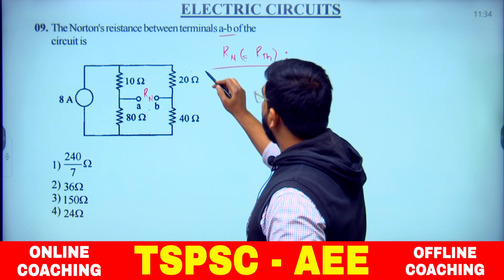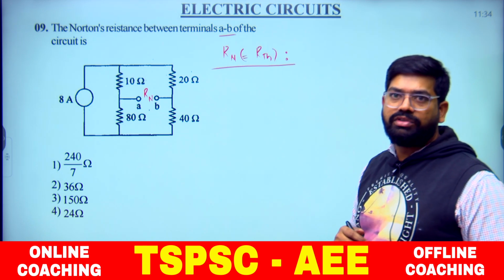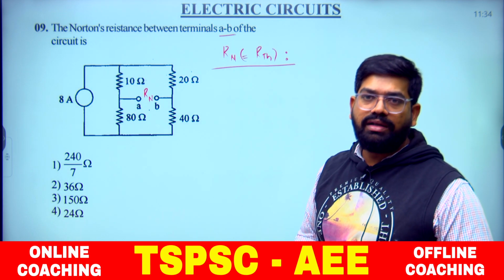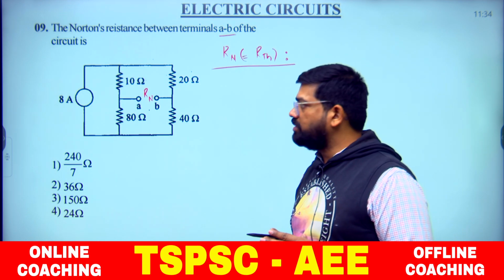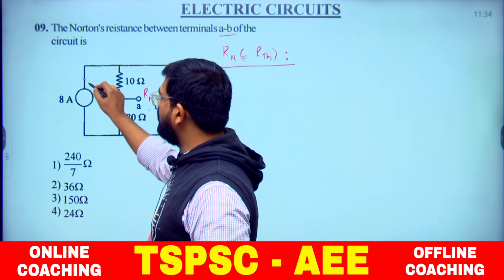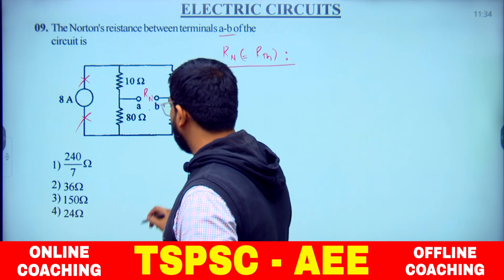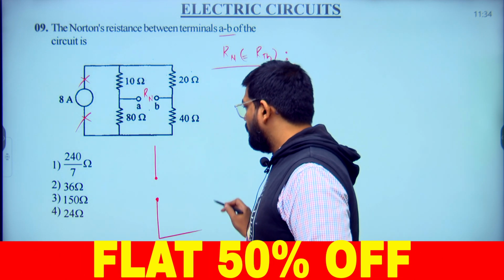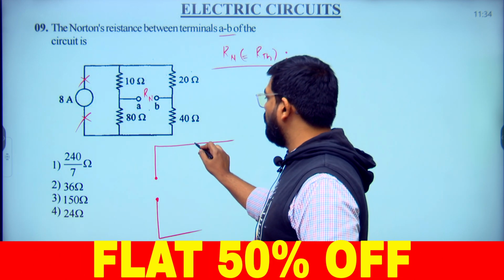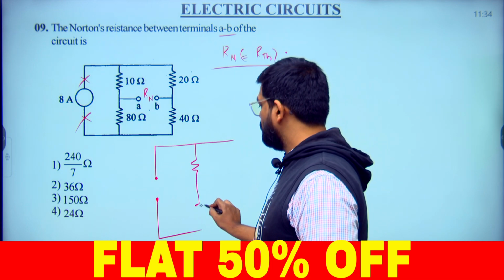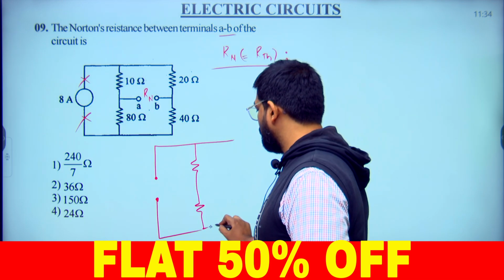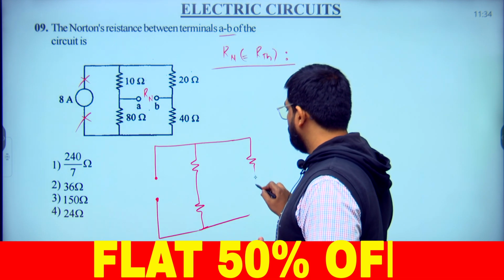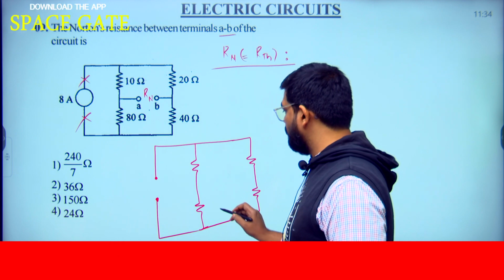What do we do? We deactivate the current source by open circuit, and we deactivate the voltage source by short circuit. Here a current source is given, so you have to make it open circuit. If you draw the open circuit and observe the remaining components as they are, in this branch we have these two elements, right?